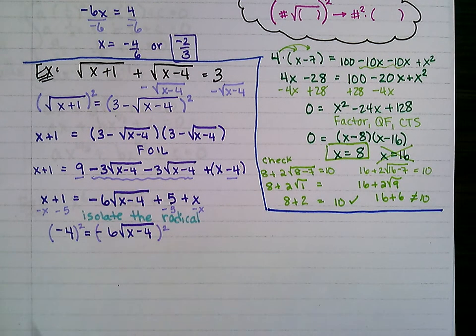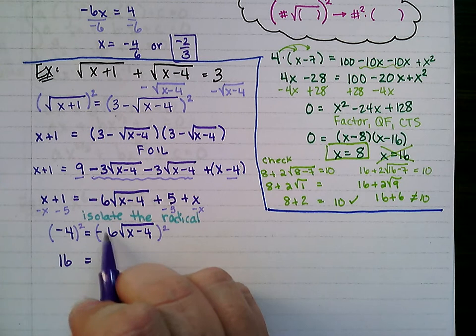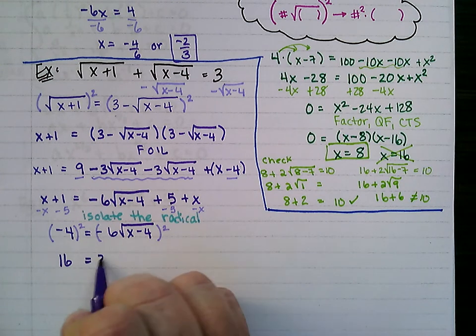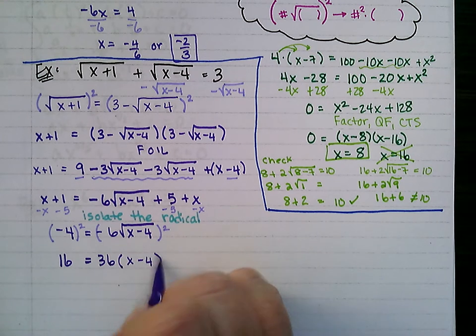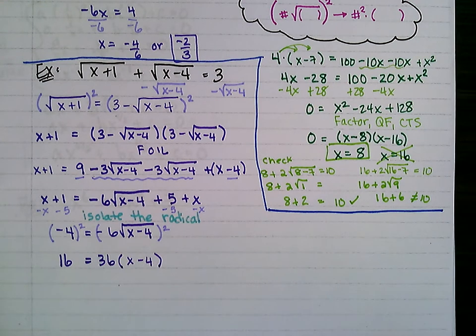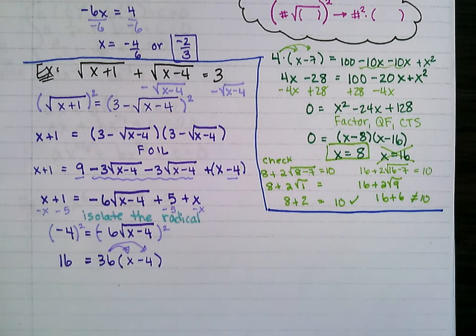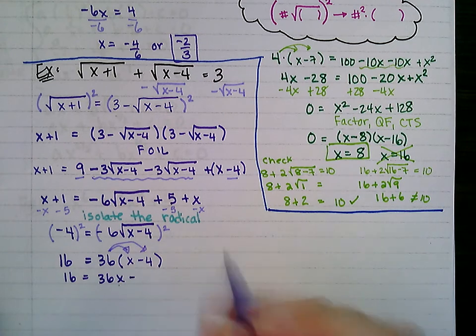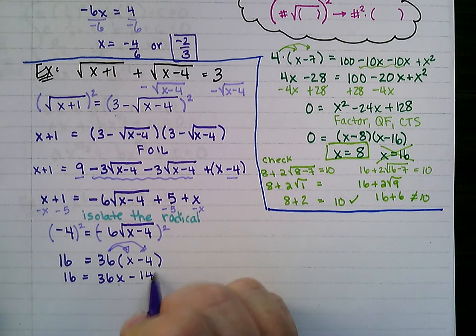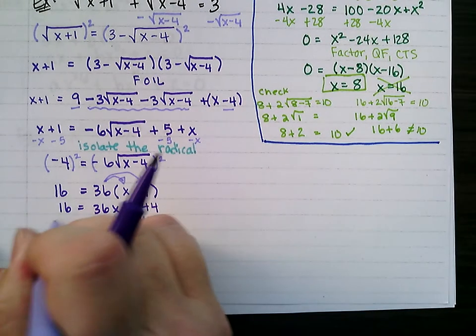And then on the left side, that's going to give me 16. On the right side, that's going to give me, remember I have to square the number out front, so 36, and then get rid of the radical, x minus 4. Now it's looking manageable. Distribute that 36. So 16 equals 36x minus 144. Add that back over.